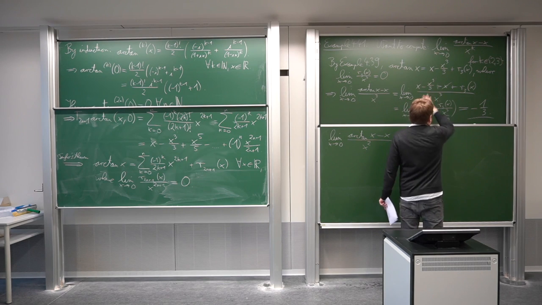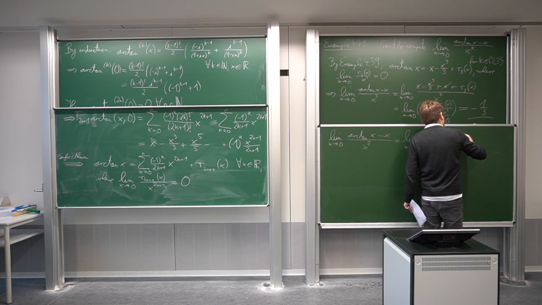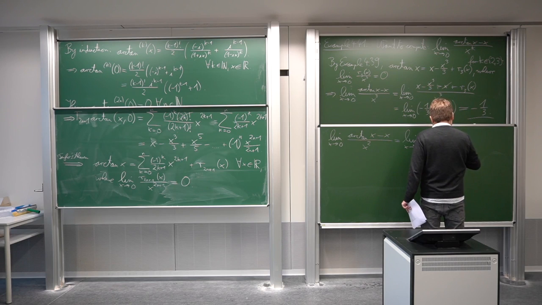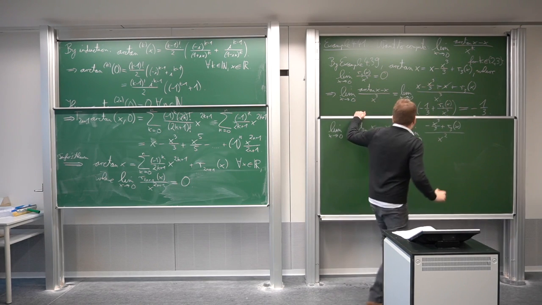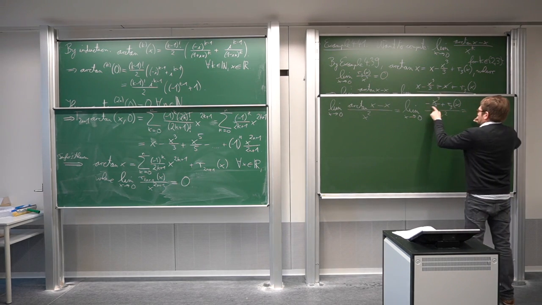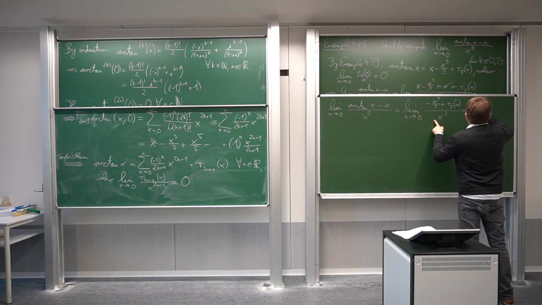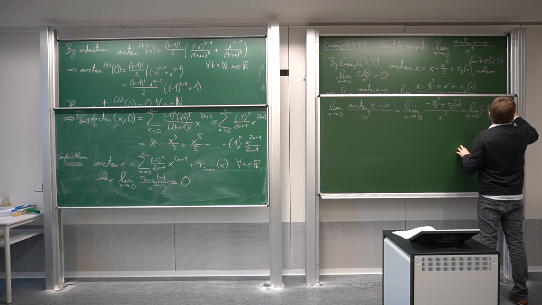And now we have in the numerator, if we already did this computation, minus x to the 3 over 3 plus r3 of x divided by x to the power of 2. What happens here is this is the same as the limit x going to 0 of, and now we divide here, minus 1/3 x plus r3 of x over x squared.